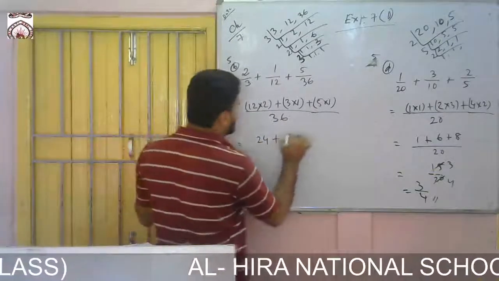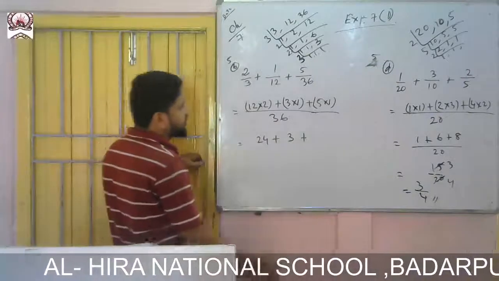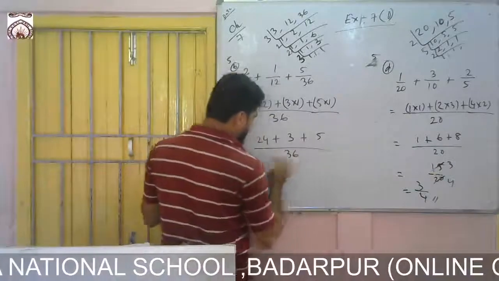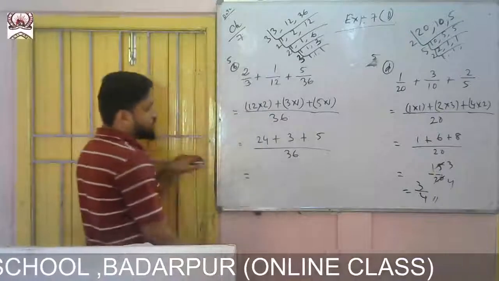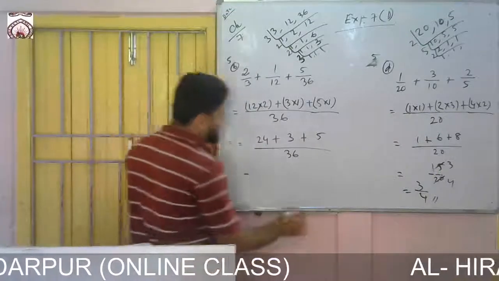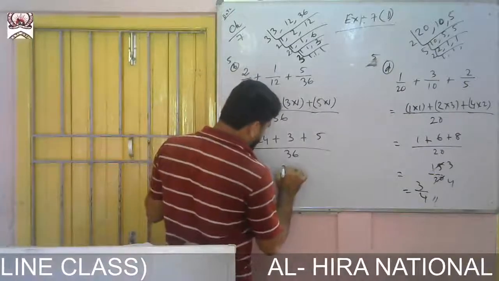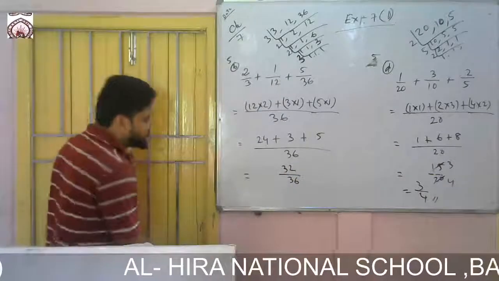Plus 3 into 1, it is 3. Plus 5 into 1, it is 5 by 36. Now 24 plus 3, 27. 27 plus 5, 32.